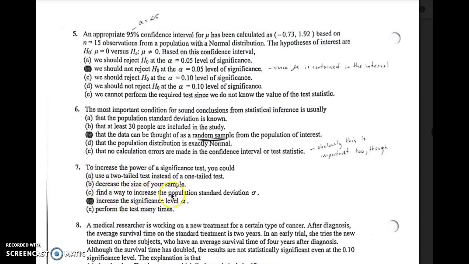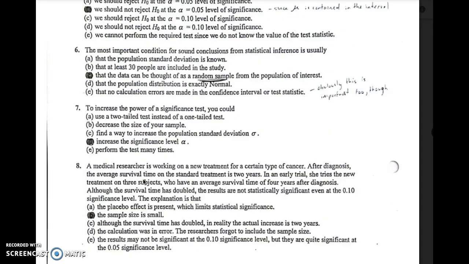You want to decrease the standard deviation. Performing the test many times wouldn't necessarily increase the power. Using a two-tailed test would generally give you a larger p-value, which would make it a lot harder to reject the null hypothesis.